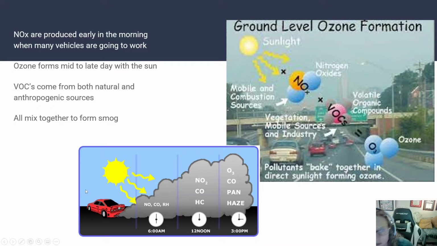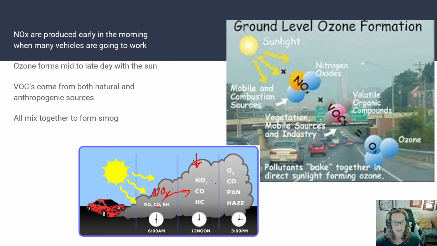Sorry. Okay, so the NOx in the very, very early morning are coming out of the cars. So between 6 o'clock to 9 o'clock when everyone's going to work, we're getting these nitric oxides, some carbon monoxides, and then the sun comes out. And the sun acts as a catalyst to convert these chemicals into these chemicals, the NO2s, the carbon monoxide, the hydrocarbons.